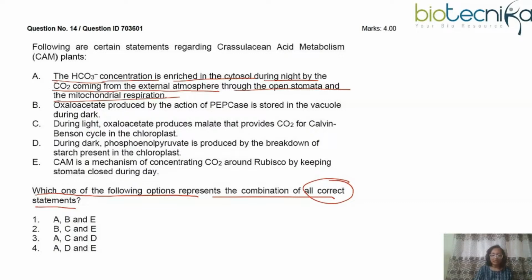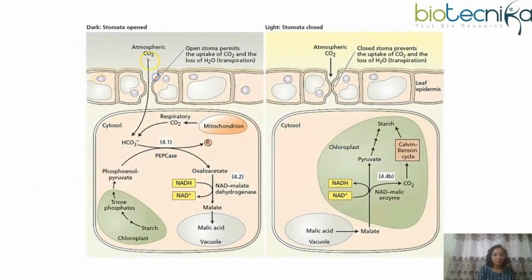So these plants keep the stomata open during night time. That is to make sure that water loss is not excessive, because if they keep the stomata open during the daytime, water loss will happen, right? So during night time, the stomata are open, atmospheric carbon dioxide is taken in, converted into bicarbonate ion, and then fixed to oxaloacetate.